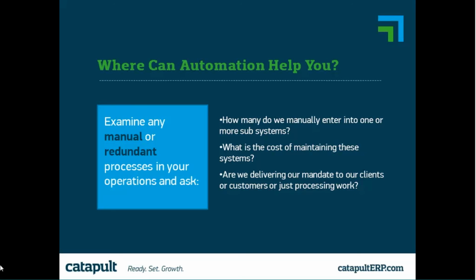So where can automation help you guys? The things that you guys need to look at when you go back to your desk is what kind of systems are we currently using that are either shadow systems, third-party systems, and how can we get that information into our ERP system or into our CRM?